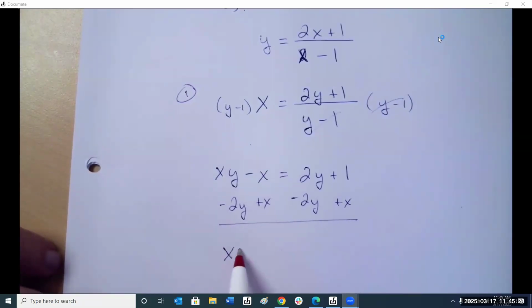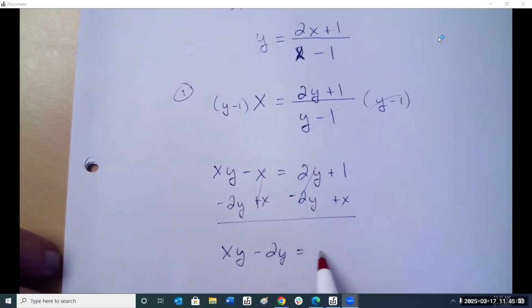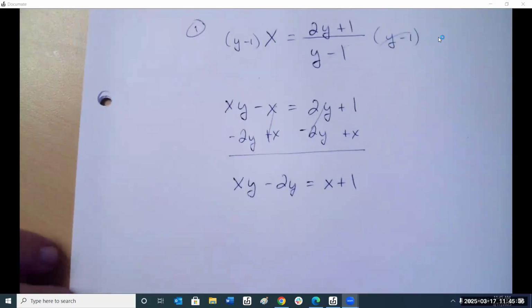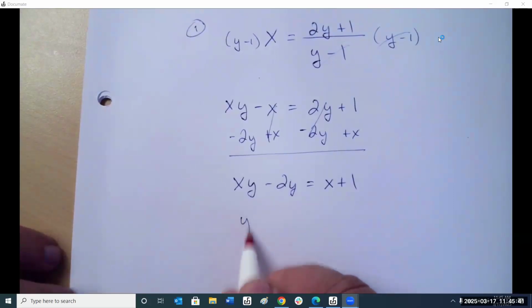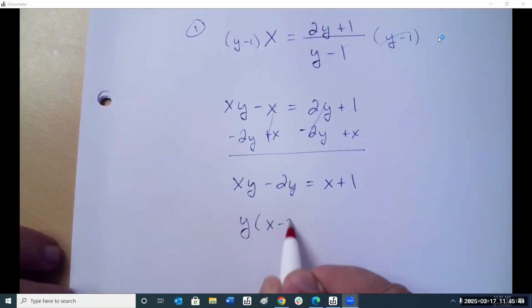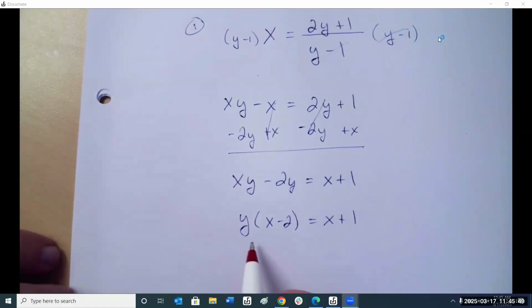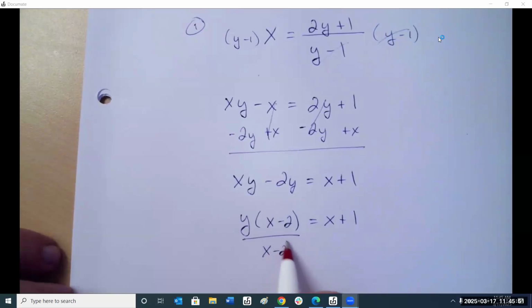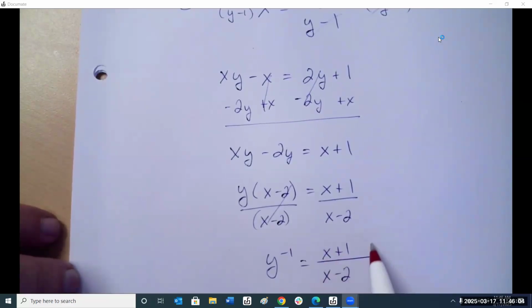So we have xy minus 2y equals x plus 1. Factor out the y. Now we can divide by x minus 2. So my inverse function is x plus 1 over x minus 2.